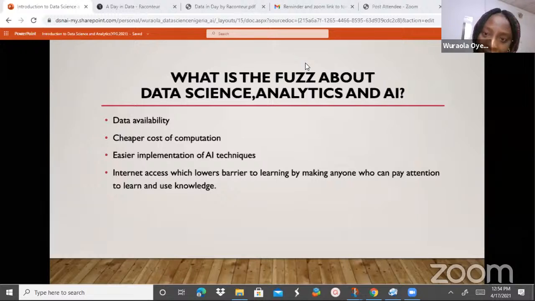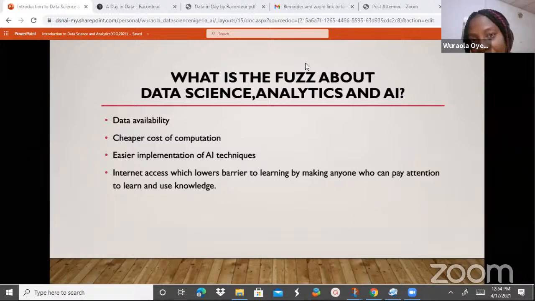I'll say easier implementation because if you were learning about AI earlier than 5 years ago, you'd be using libraries like Theano. They were not Python libraries. Python is quite intuitive to learn, so they were not accessible.